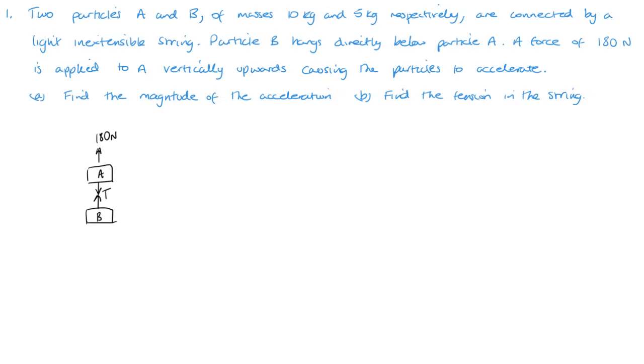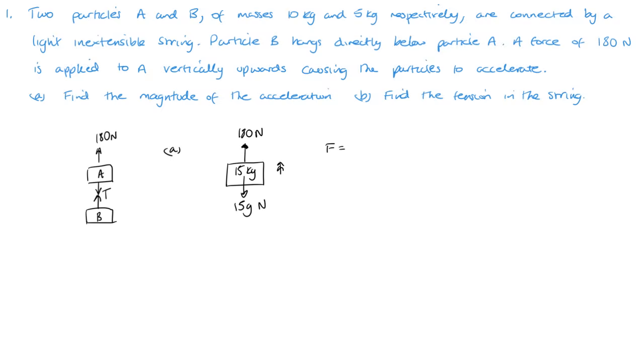So for the first part, part A, I'm going to deal with these as a single particle. So this is going to be a particle of 15 kilograms. So that's 15g newtons going downwards, 180 newtons going upwards, and we are accelerating upwards.